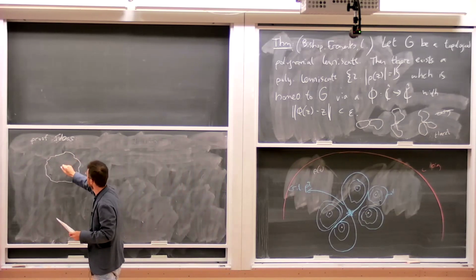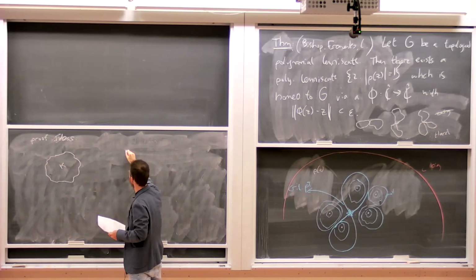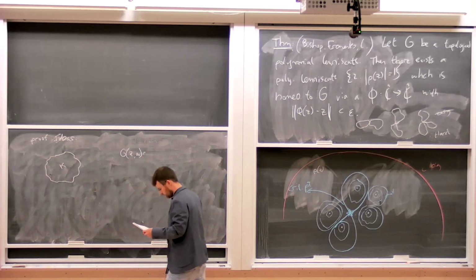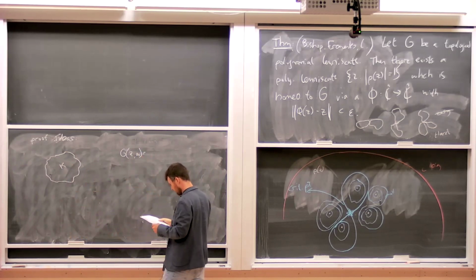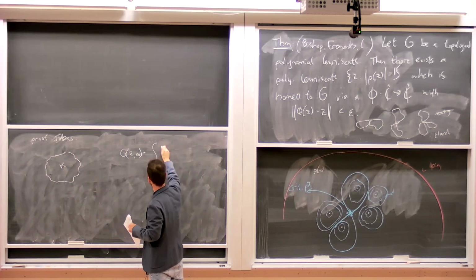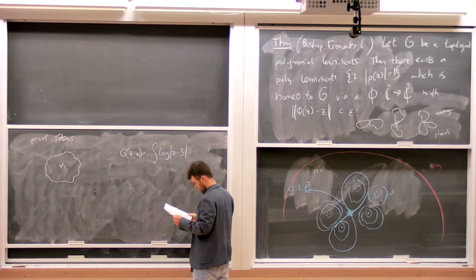So if this is your compact set K, mathematically what we do is we look at the Green's function with pole at infinity. It can be recovered by integrating the logarithmic kernel against harmonic measure. So log mod z minus zeta.